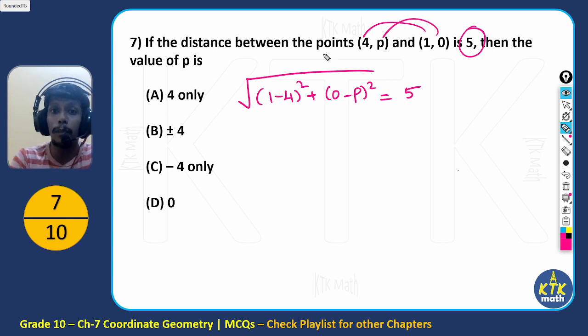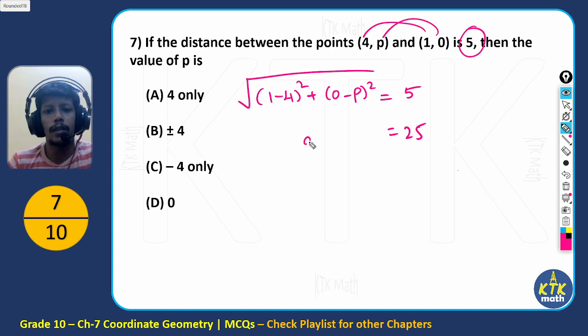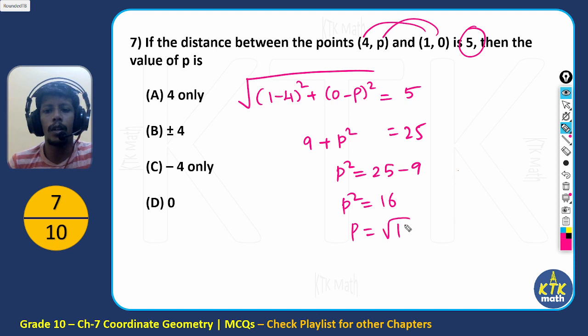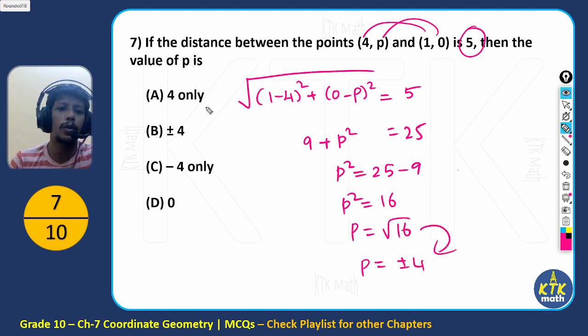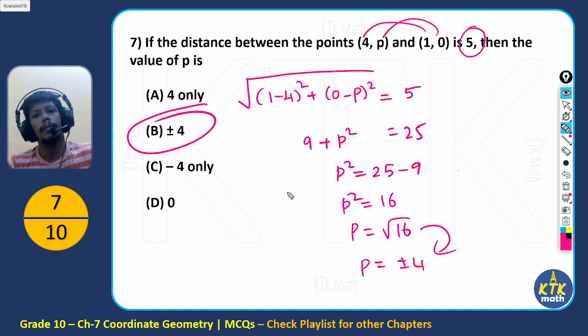As usual, just like the previous question we have done 2-3 sums back, in order to omit this square root, you bring it here, it will become 25, square the opposite side, and 1 minus 4 square is 9 plus P square, you can write directly. So P square is equal to 25 minus 9, so P square equal to 16, so P equal to root 16. So the values are going to be plus or minus 4. Root 16 means always you mention plus or minus.